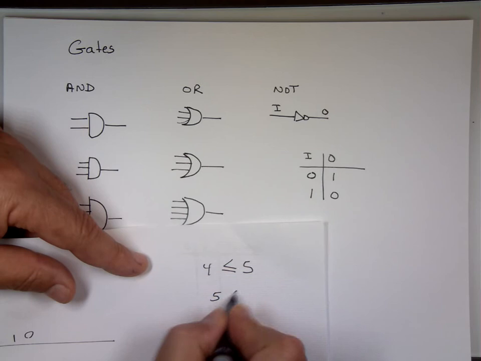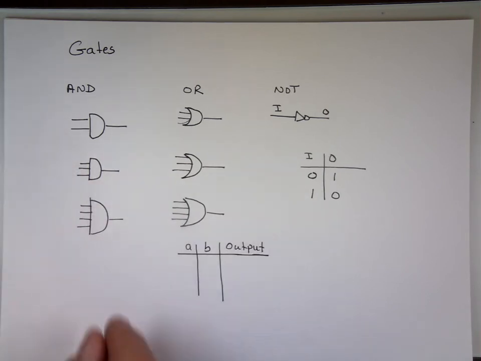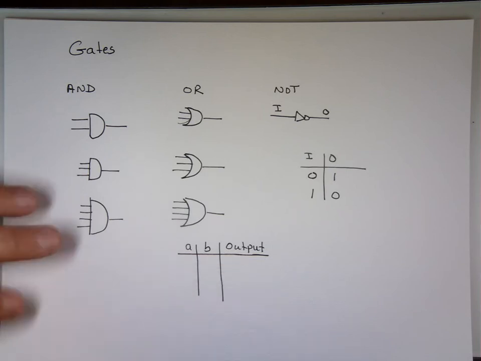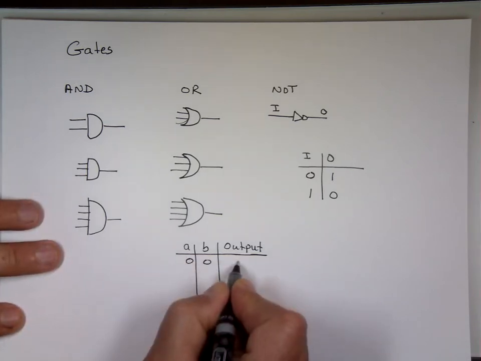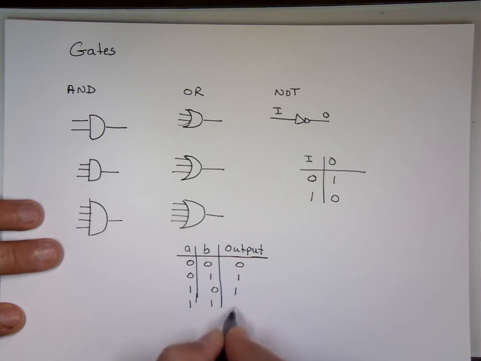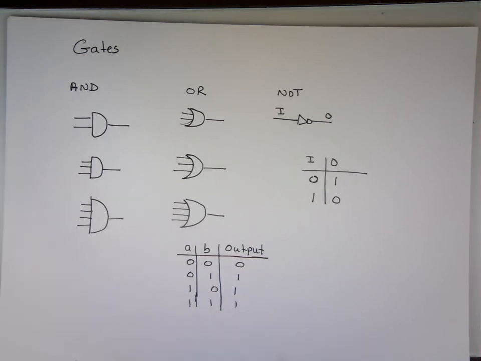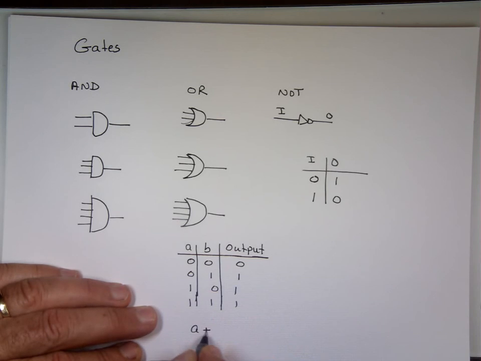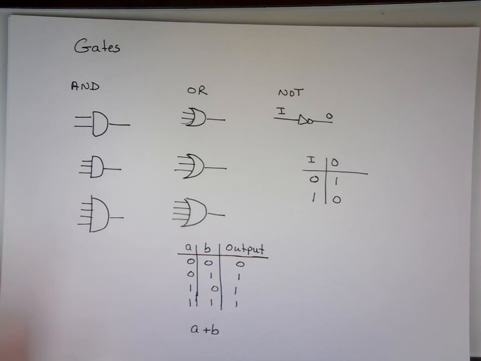Is 5 less than or equal to 5? Yes, because it's equal to. So with an OR operation, as long as one of them is true, so 0, 0 gives me 0. Once one of them is high, the result is high. So the way we write that, we go A plus B. Plus means really OR gate.